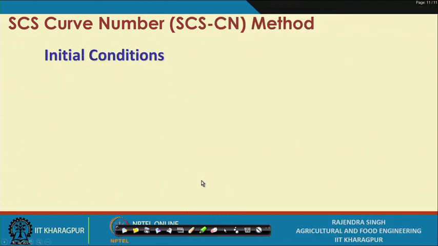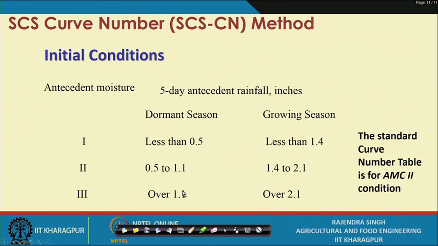Now, as I have already mentioned, there are 3 AMC conditions that are used, that is, antecedent moisture conditions 1, 2 and 3. Basically, this antecedent moisture condition is defined based on 5-day antecedent rainfall in inches, that is, the total magnitude of rainfall in the previous 5 days defines what conditions we are in.